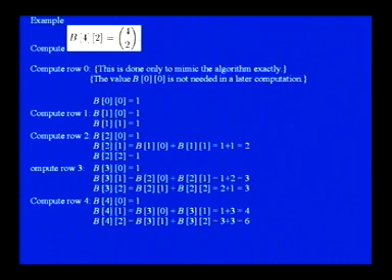Suppose I have an algorithm, and somebody else asks me what is the binomial coefficient of 3 comma 2, I need not rewrite the algorithm, but instead I can simply refer to the table and give the answer for b of 3 comma 2. That is the greatest advantage of dynamic programming.